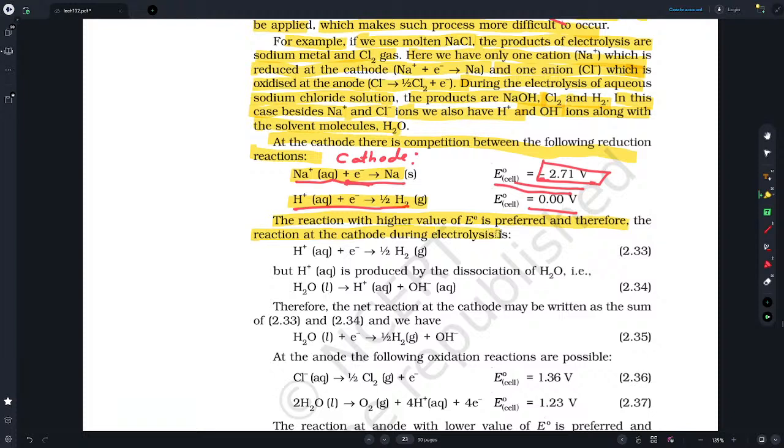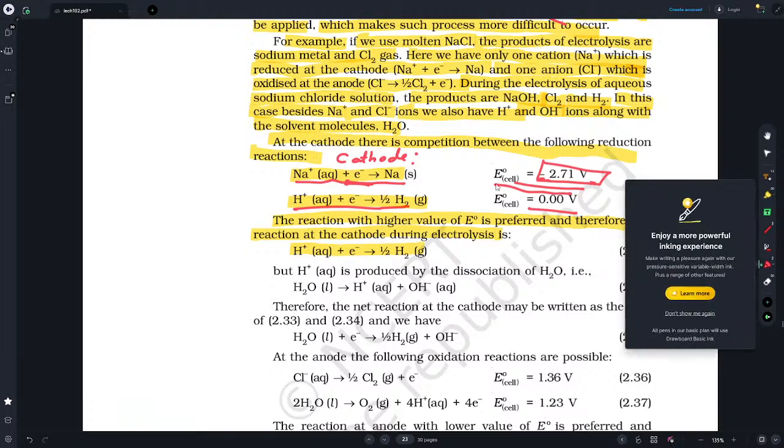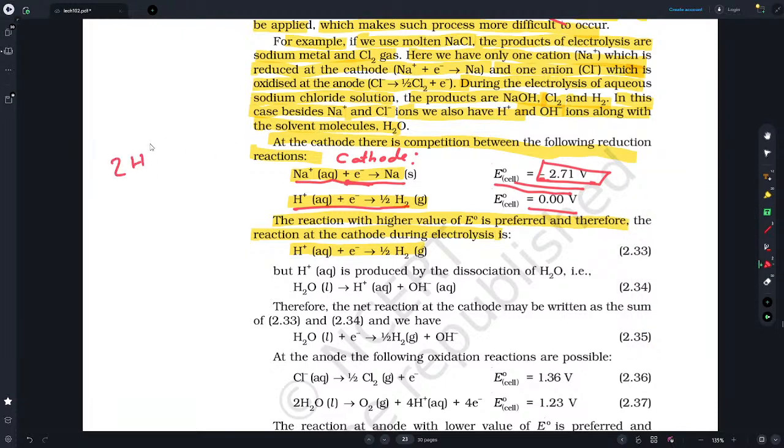Reaction at the cathode during electrolysis is hydrogen ion, H+ ion gaining electron. If there are 2 H+ ions, they will take 2 electrons. They will be liberated as hydrogen gas.